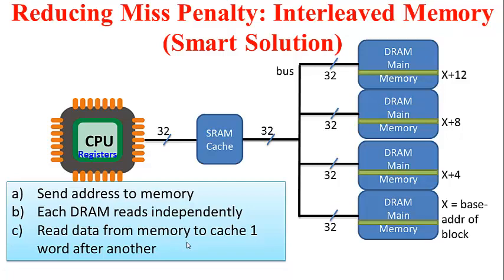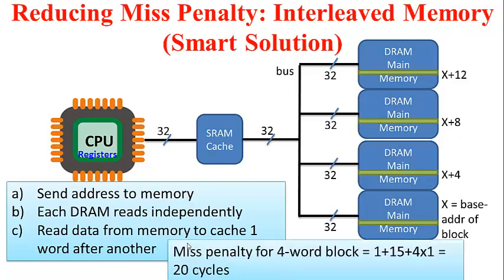So in this scenario, what is going to be the miss penalty for reading a 4-word block? Well, conveying the address is going to take one cycle like earlier. The bottleneck step in terms of main memory read itself is going in parallel. All of these 4 different main memory units are reading independently and in parallel.